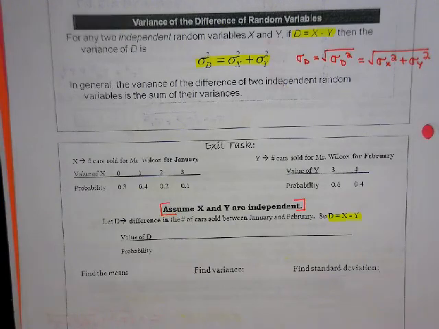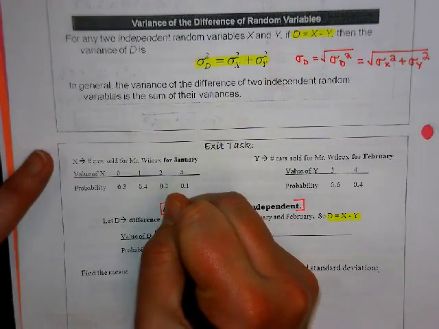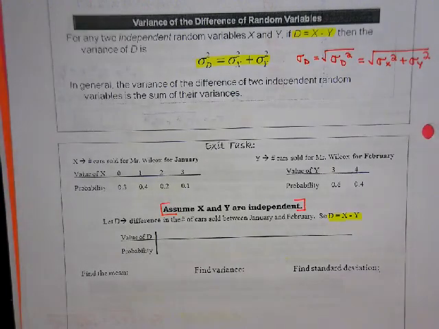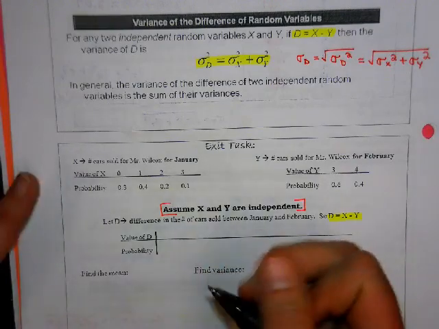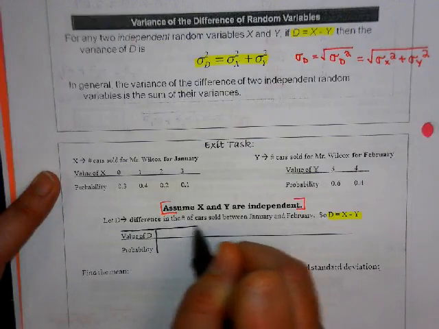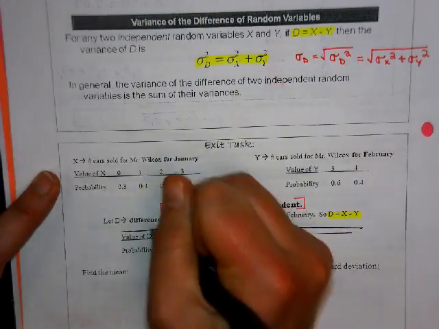You don't have to, but it might be helpful to add an extra row up above where you actually do X minus Y, so you make sure you hit all the combinations.